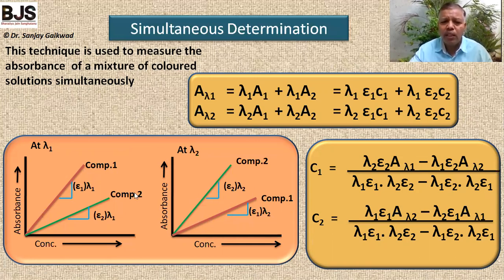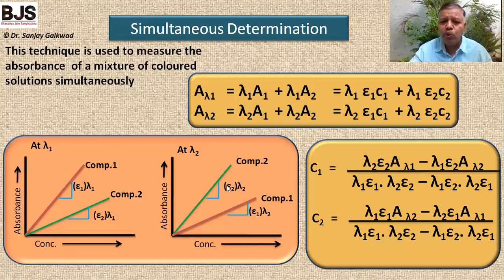In this way these graphs are observed. From the slope of these graphs, we can find the value of epsilon 1 and epsilon 2 at lambda 1. This is epsilon 2 for lambda 2 and this is epsilon 1 for lambda 2.